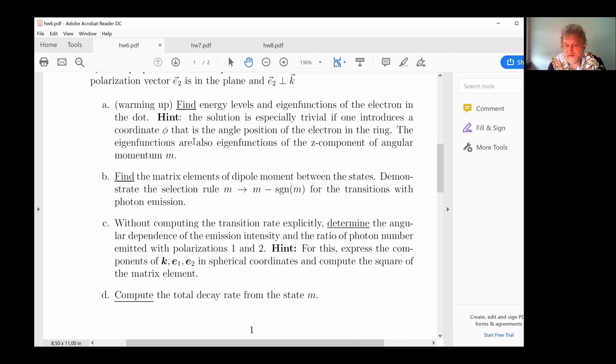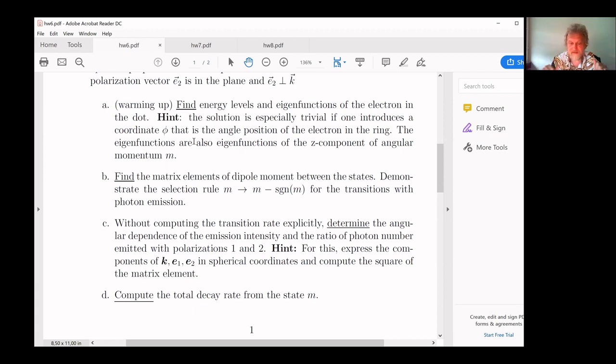So one doesn't have to deal with the density of photons yet. It comes from the analysis of matrix elements of dipole moments between the states with the polarization vector taken into account.